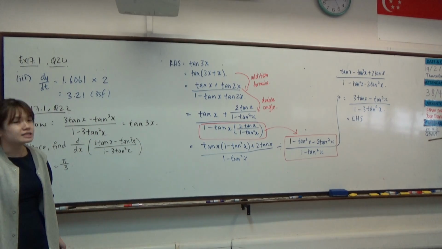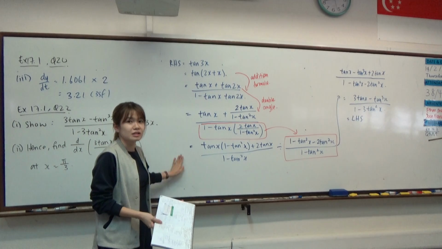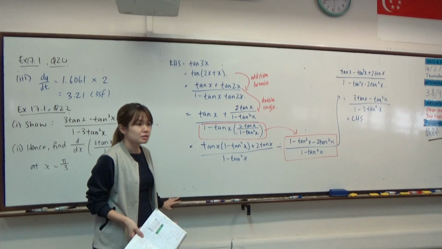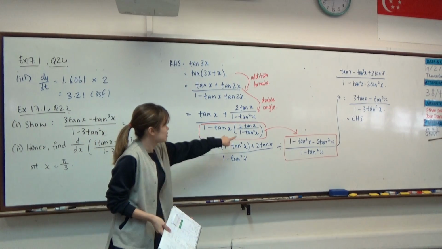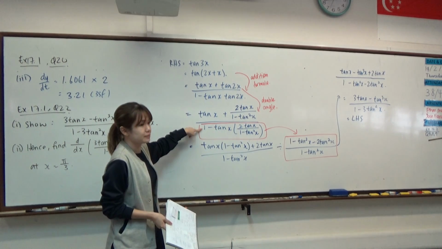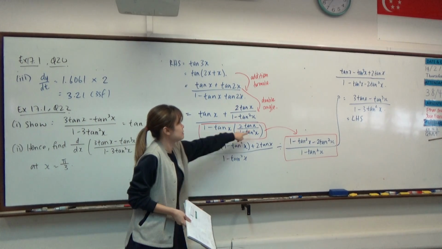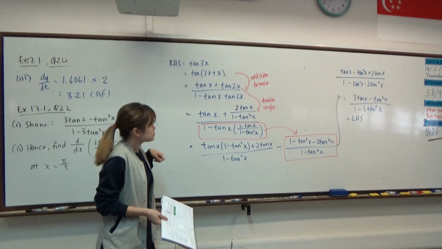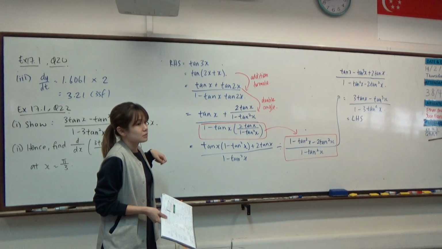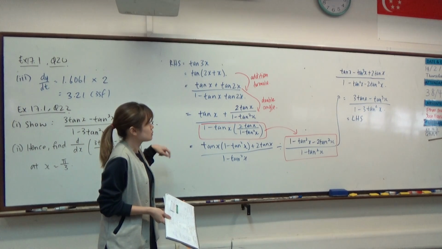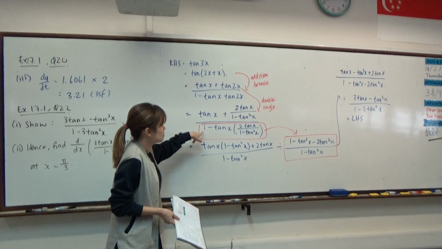I suggest you do the algebra yourself. I didn't do every single step. Multiply the top only, right? Now this one multiply 1. Make the whole thing the same denominator, so put into one fraction. Maybe 2 tangent x bracket 1 minus tangent x, right?